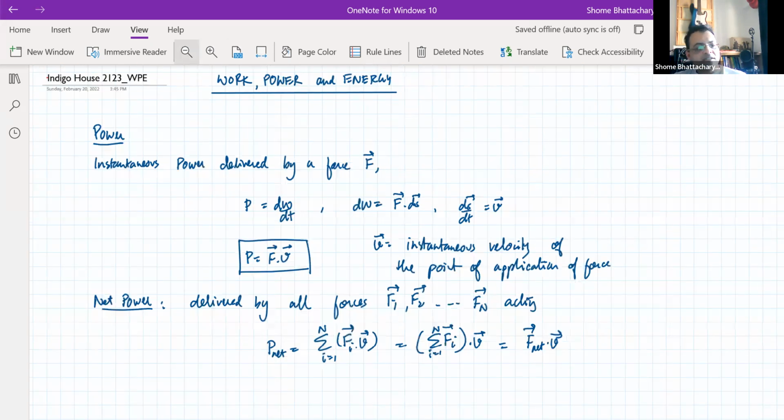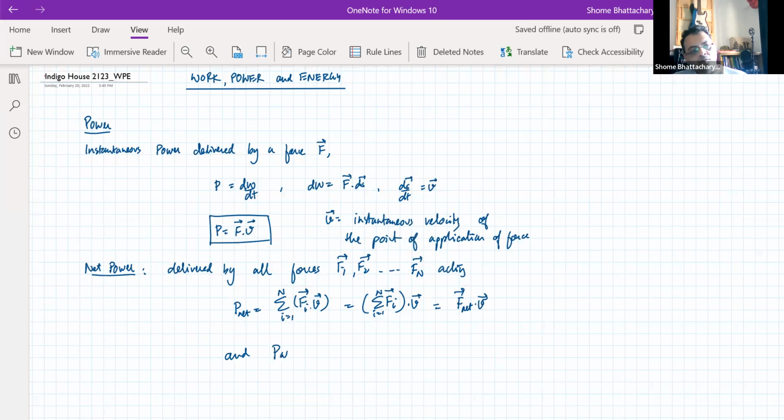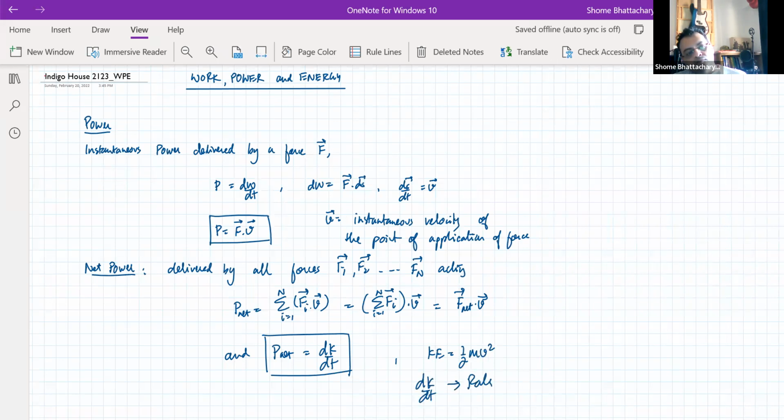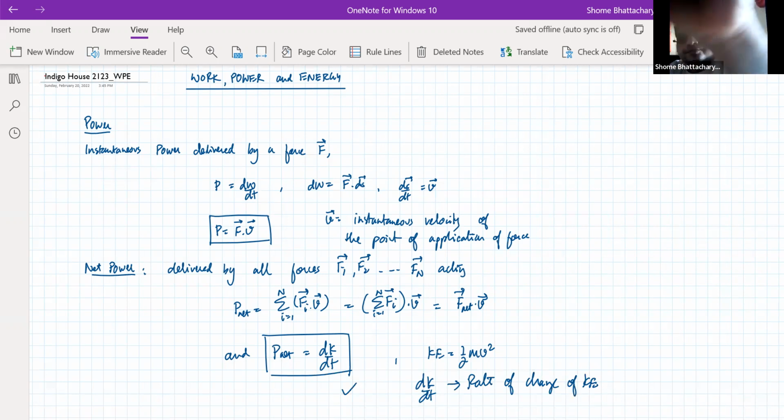And further we had seen that this net power is also equal to rate of change of kinetic energy. Okay, so this is what we discussed in the last lecture. So now let's look at some simple application examples of this concept.